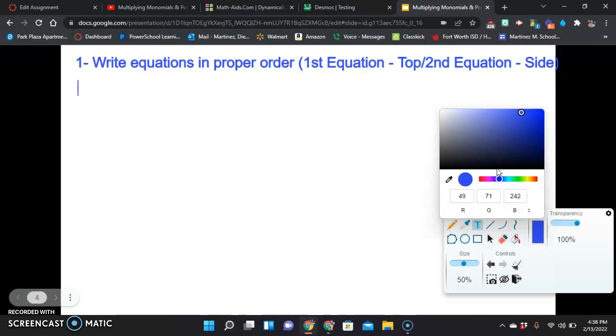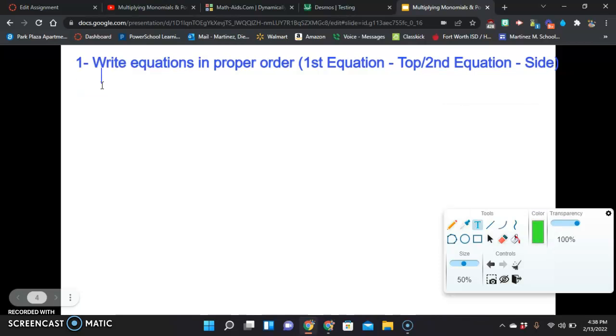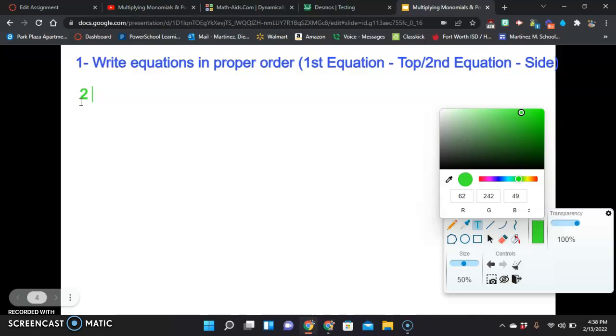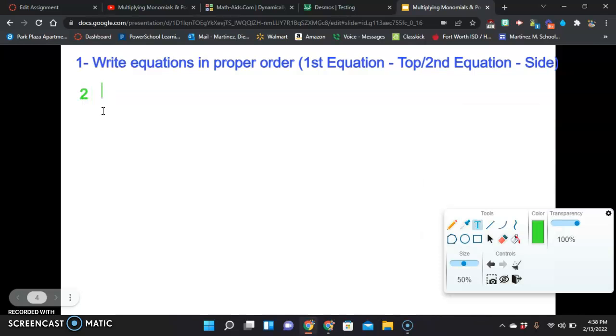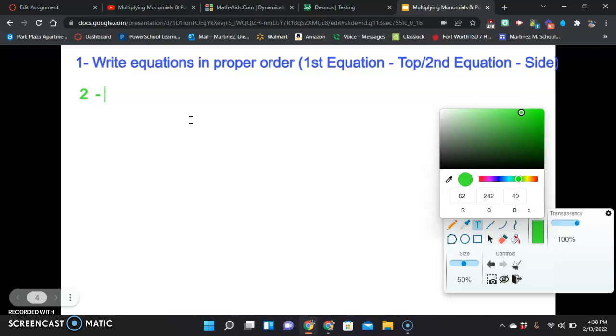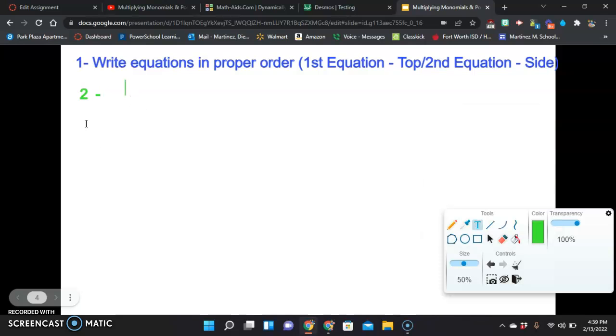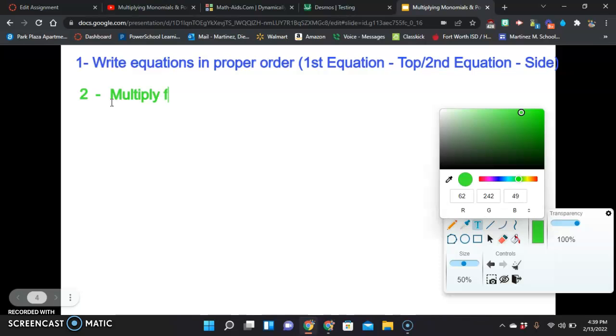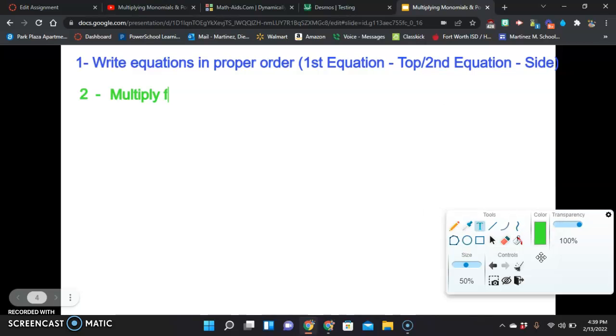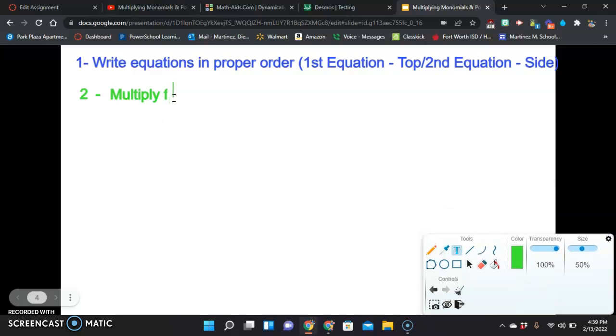Now, number 2. Let me change color. Number 2 is multiply.